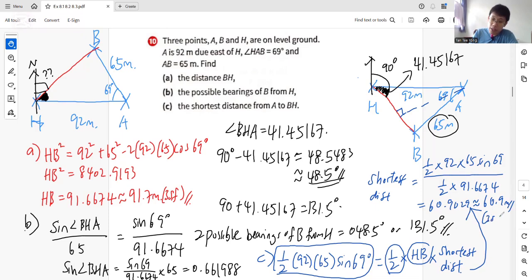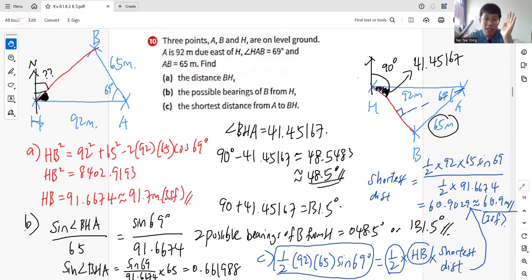Yes, I'm using area of triangle for part C, because we learned two formulas for area of triangle: one in primary school, one recently from trigonometry. Primary school is half times base times height. Trigo is half AB sine C. So we use half AB sine C to find the actual area, then equate it to half times base times height.